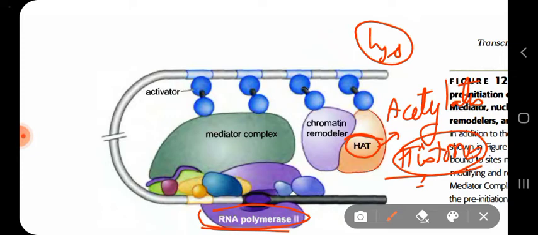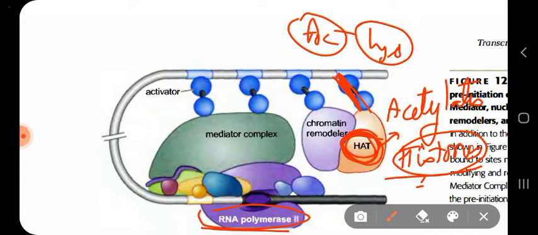Within that lysine amino acid, it transfers the acetyl group, and thereby when it acetylates the histones, the histone unwinds from the DNA, and thus the DNA becomes loosely coiled, so that the enzymes responsible for transcription can access that portion of the DNA and carry out the transcription process. In this way, histone acetylation increases the gene expression. So HAT is actually catalyzing the expression of the genes. That's why it is interacting with the activators here.